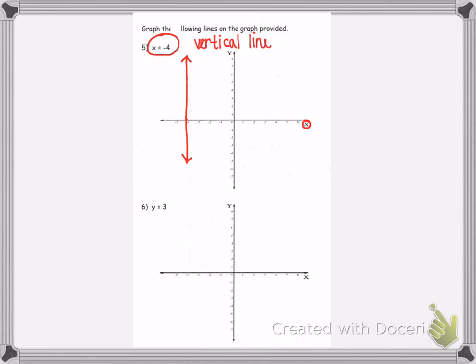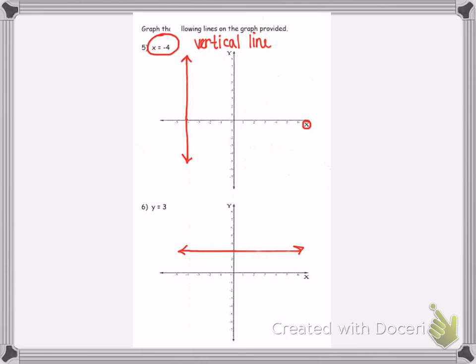So you can probably guess what's going to happen for example 6 when I ask you to graph y equals 3. You're going to go to the y-axis, make a dot at 3. And then you're going to draw a line through that graph that is not the y-axis itself. So it's not going to be vertical like that. We want to go horizontal this time through that dot.